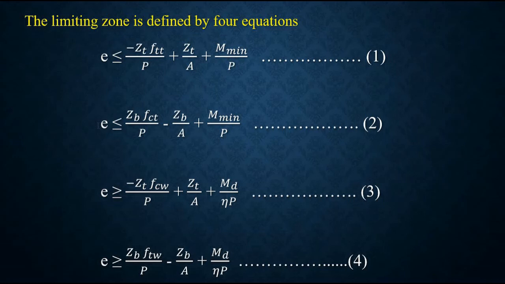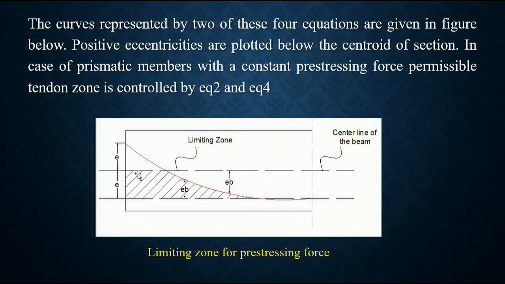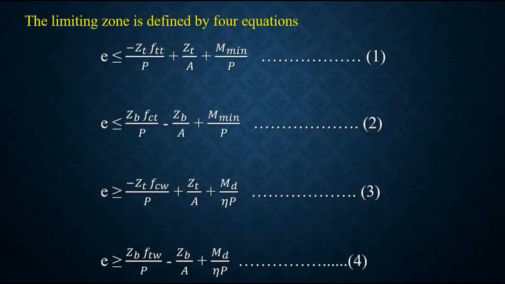And why we require this is for the cable profile over the overall length of the beam. And just now you saw some profile, a cable profile, or you have seen a curve.